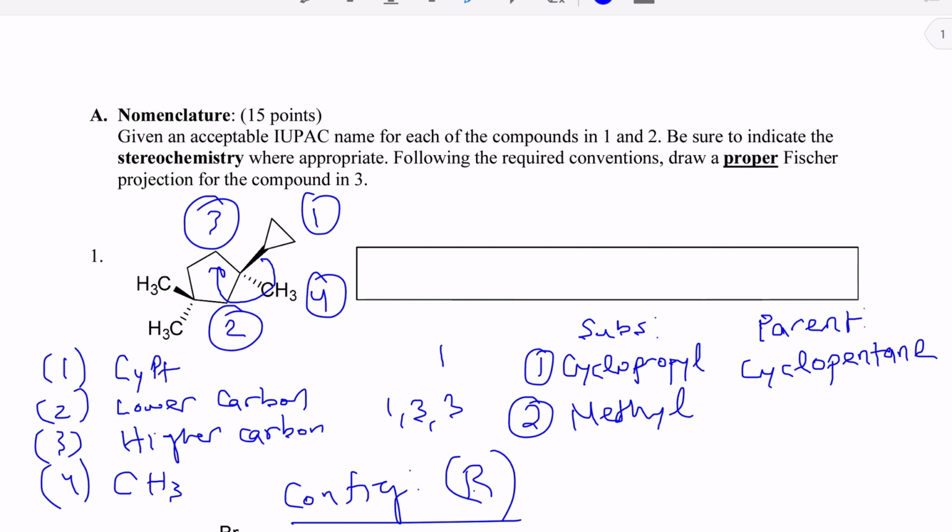So now it's time to write down our final name. When we do that, we start off with the stereochemistry, so R, and looking at our substituents by alphabetical order, we see that cyclopropyl is the first substituent to be listed, along with its numbering.